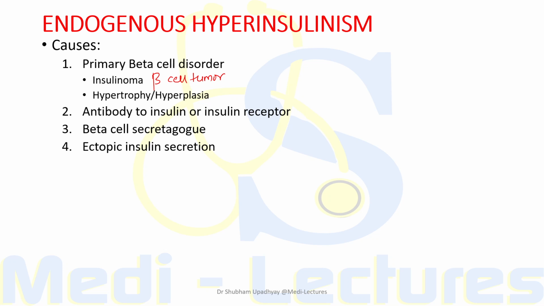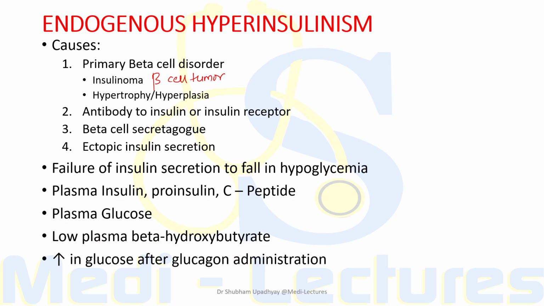Now, the fundamental pathophysiologic feature of endogenous hyperinsulinism caused by a primary beta cell disorder or an insulin secretagogue is failure of insulin secretion to fall in hypoglycemia. This feature is assessed by measurement of plasma insulin, proinsulin and C peptide at the time of hypoglycemia. All these are inappropriately normal to high, and plasma glucose is low at the same time.